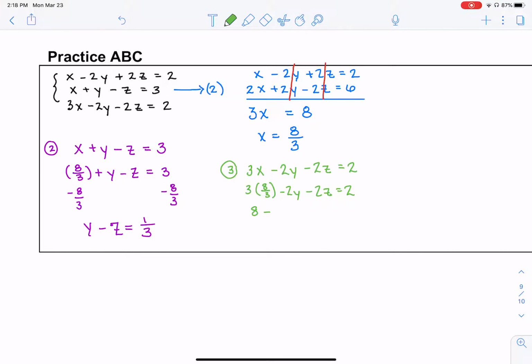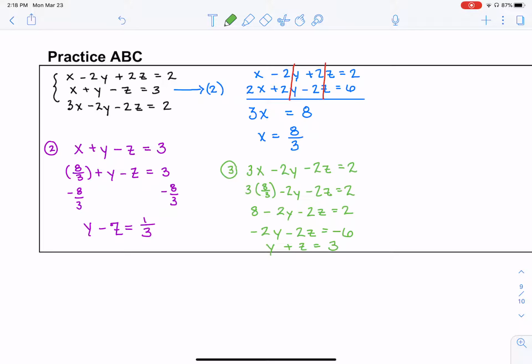That makes the fraction actually go away. Move the 8 to the other side by subtracting it to the other side. And I can go one step further. I can divide everybody by a -2. All right, and that would produce y plus z equals 3.